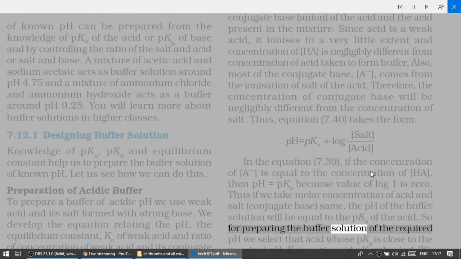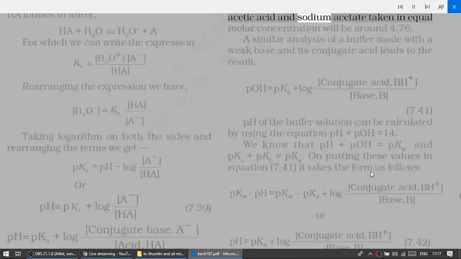So for preparing a buffer solution of the required pH, we select that acid whose pKa is close to the required pH. For acetic acid, the pKa value is 4.76, therefore the pH of the buffer solution formed by acetic acid and sodium acetate taken in equal molar concentration will be around 4.76.